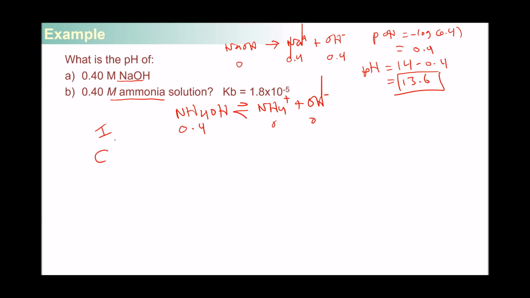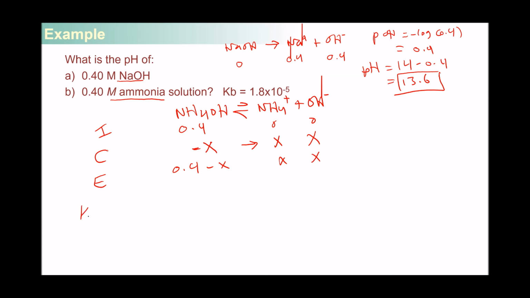The system obviously is not at equilibrium and needs to change by splitting an X amount of the molecules to make an X amount of ammonium ions and an X amount of hydroxide ions. And when the system reaches equilibrium, it is going to be the initial concentration minus X. And this is going to be X and this is going to be X.